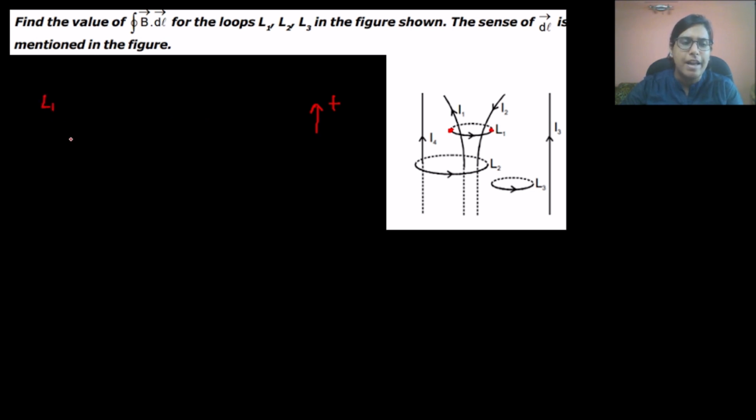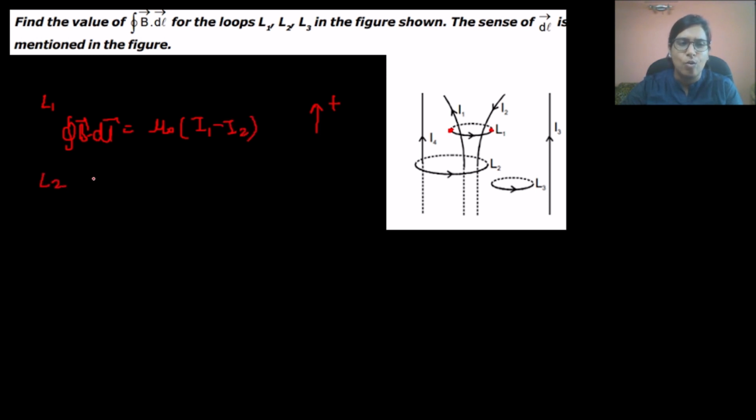So for loop L1, B dot dl will be mu naught times, in L1 currents I1 and I2 are flowing. I1 is in the upward direction, so I1 will be with positive sign and I2 will be with negative sign.